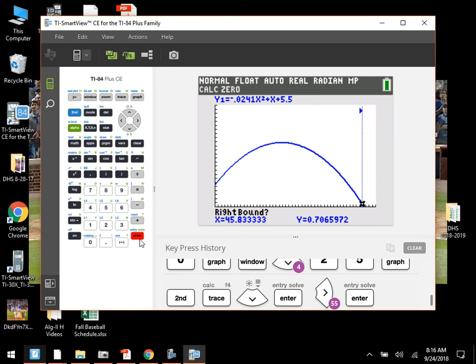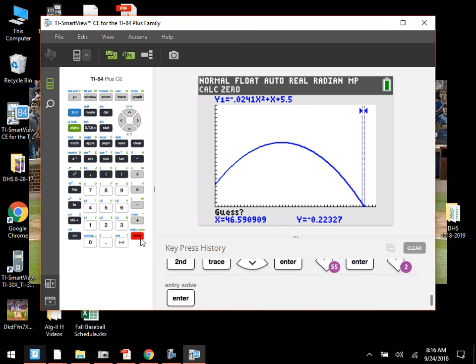The calculator does a bunch of calculations for all values of x between the two settings that you give, and it figures out where it crosses, or where it's 0. So you go to the right of it and you get negative. See how my y value jumped to negative? That means I know it crossed the axis somewhere, and I hit enter again.